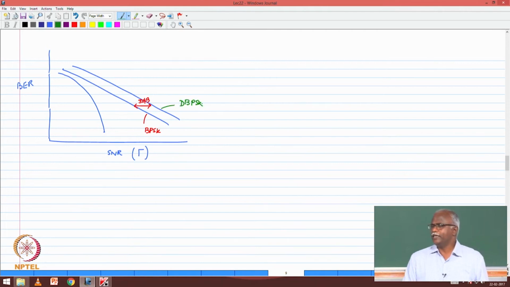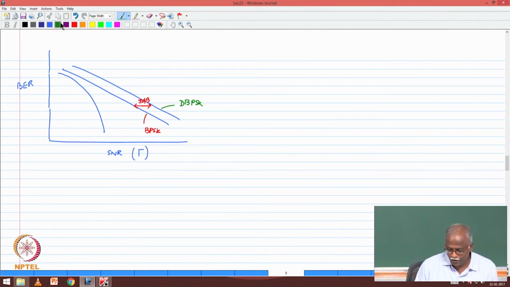And why is DBPSK worse than BPSK? Because of the 2 noise terms, and that is where it is showing up. This graph is correct under the assumption of ideal channel estimation. That is, you have an ideal channel reference for doing the detection.